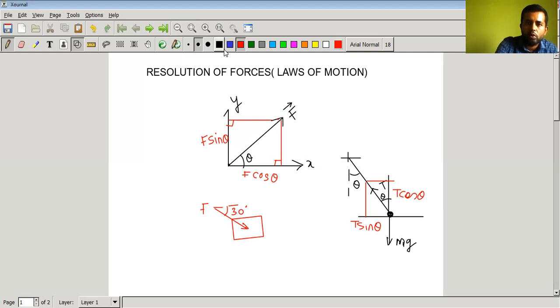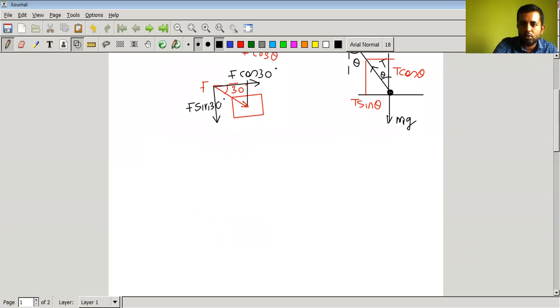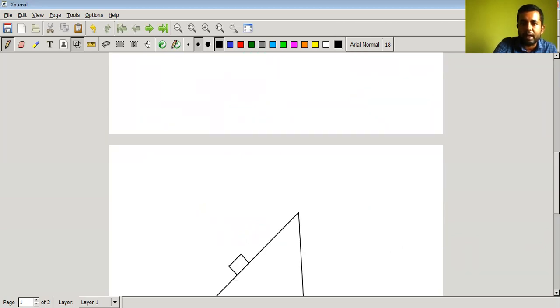Again, let us say this is one axis, this is another axis, and this is the direction of force. If I drop a perpendicular here, this component is going to be F cos 30 and this component will be F sin 30.